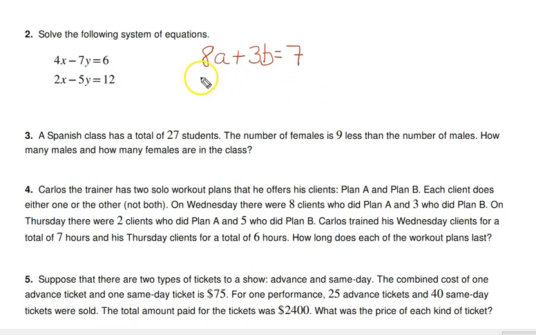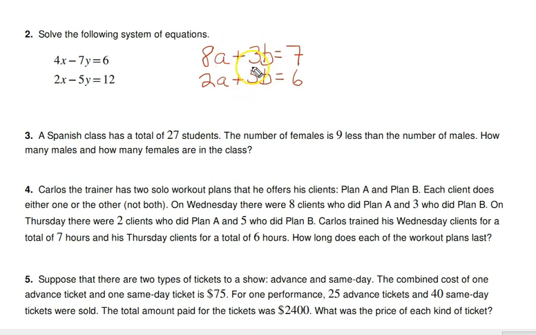And on Thursday, there were 2 that used plan A, and 5 that used plan B, and they spent 6 hours. So, that wasn't too bad, organizing your data into your equations.